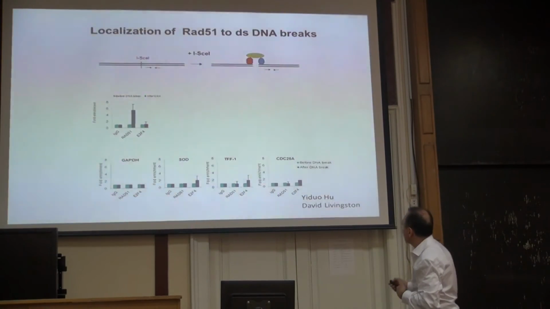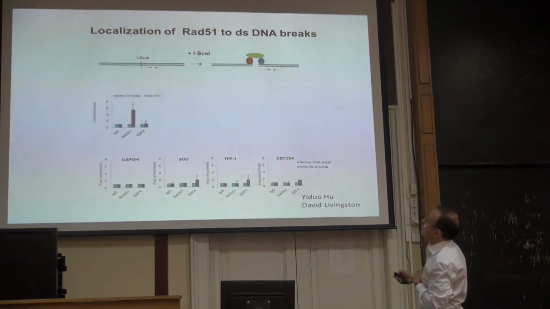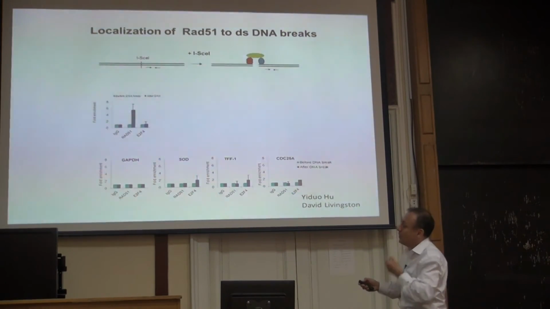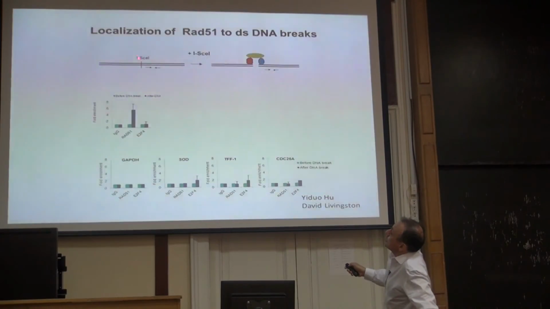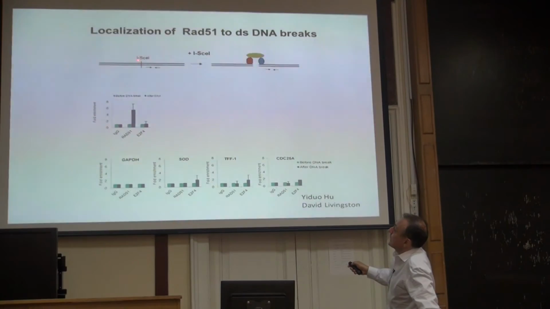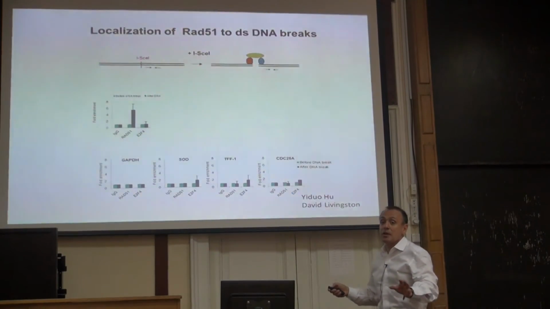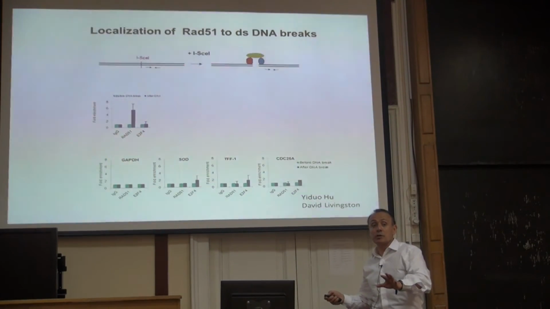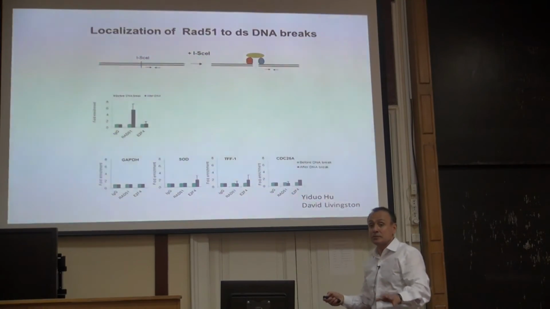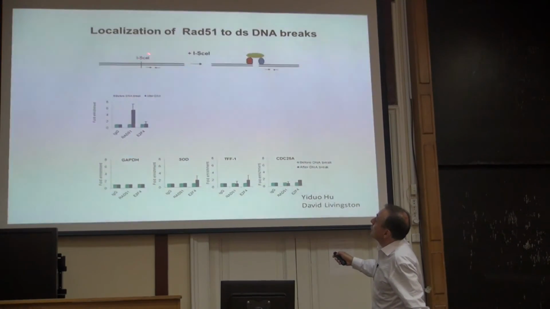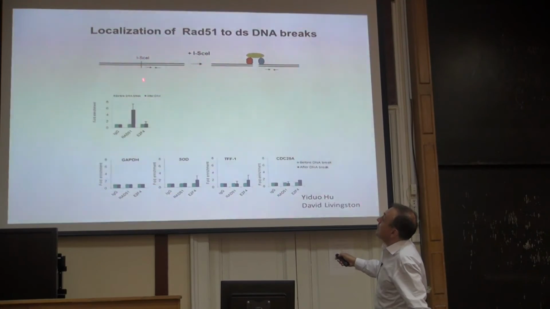Now, in our institute, there is the lab of David Livingston, who actually specializes in homologous recombination, and they have a very nice system where they engineered human cancer cells to express this restriction site, I-SceI. This is a sequence that is only once in the genome, and we can put in this restriction enzyme and make a cut here.